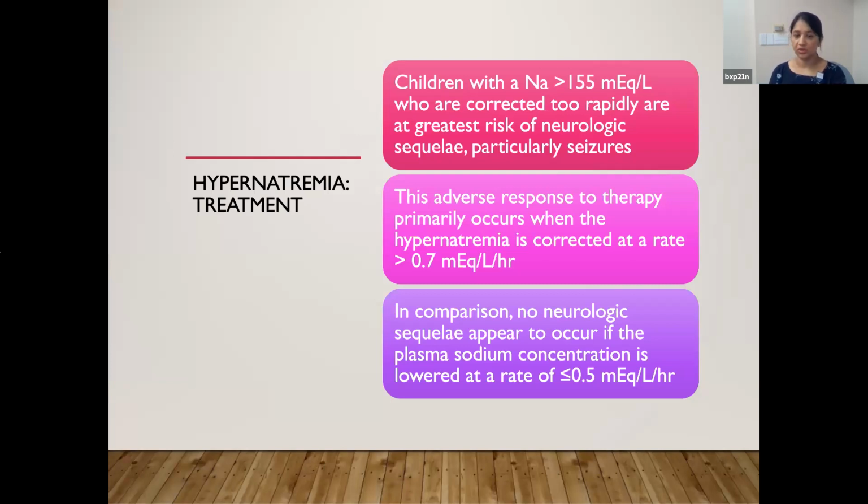You want to slowly correct it. Your correction rate, you can keep it less than 0.5 milliequivalent per liter per hour. So in a day, if you aim for less than 12 or around 10, that would probably be safer to do.